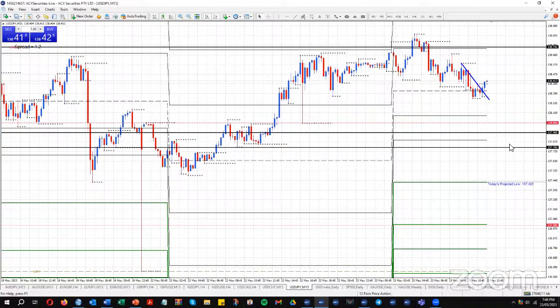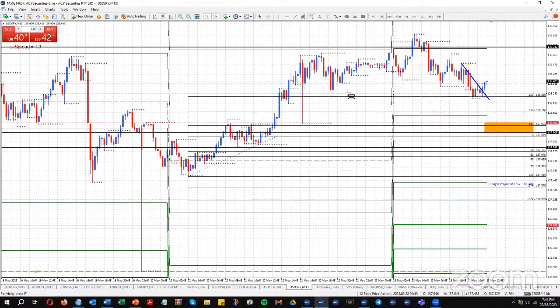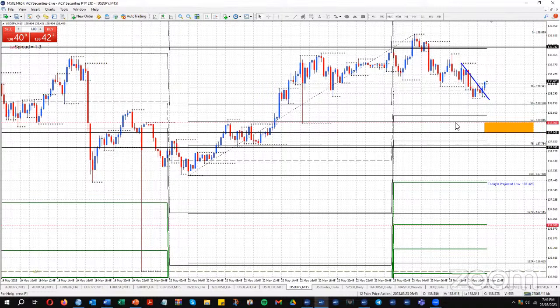So my support's down here: 137.90, 137.76, or even the figure 138 to 137.90 down there. If you drew a fib across the range from the low yesterday up to there, the 62% level comes in at 138.01, and the 79% level comes in at 137.78.